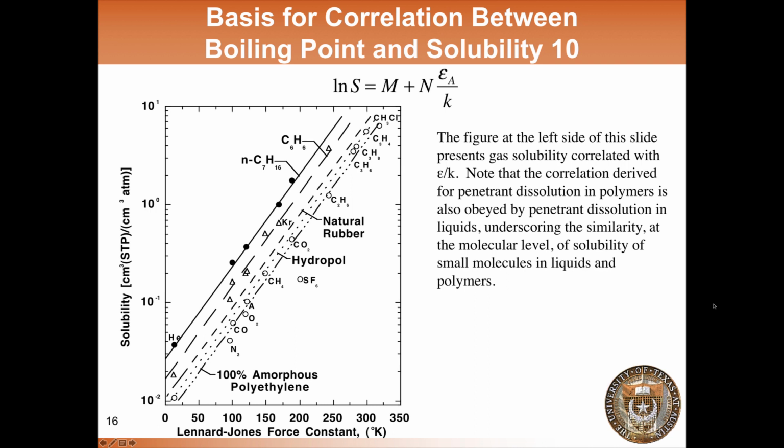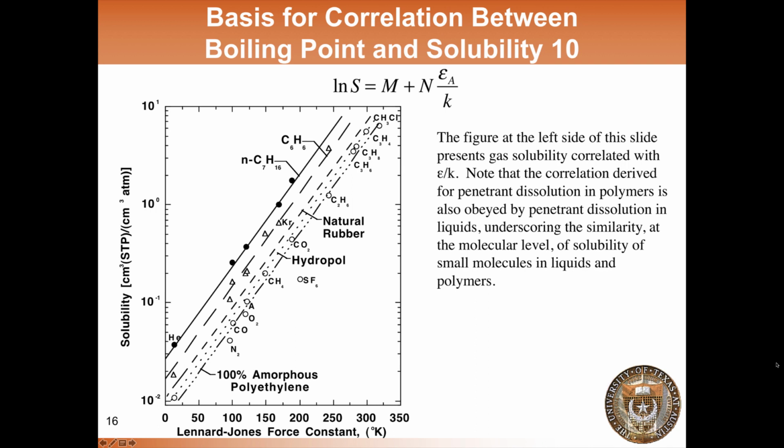We could put water on the same chart and line up the gas solubility of gases in water, and it would be parallel to these lines. And it's most remarkable that the slope of these lines is independent of the material.